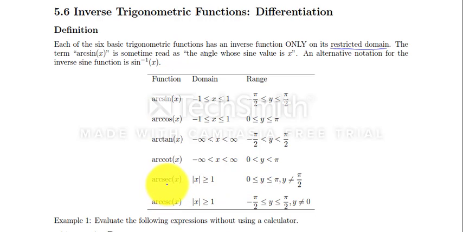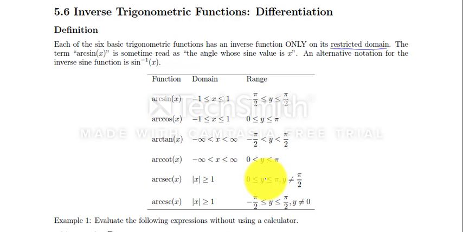Arc secant of x has a domain with absolute value of x greater than or equal to 1. So the domain in the interval form is any number less than -1 or bigger than 1. And for the range, you recall, secant function is the inverse of cosine function.